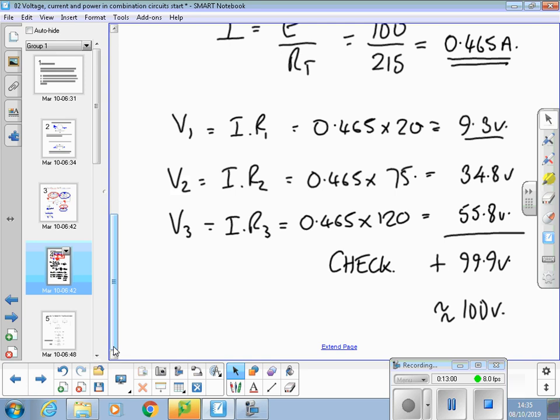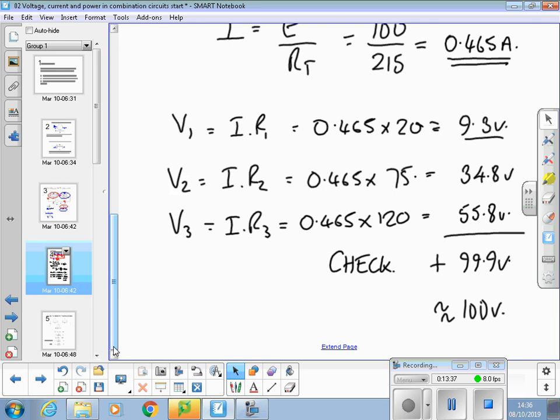So I would imagine the current was rounded slightly. So as a worthwhile check when calculating individual circuit voltages, add them all up and make sure they add up to the supply voltage in a circuit that's all series.